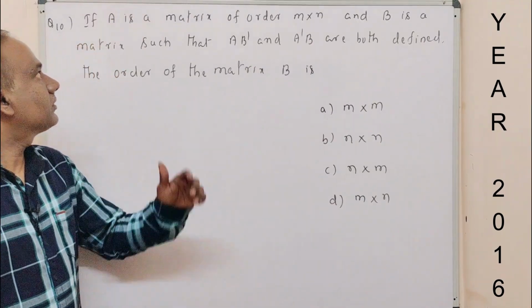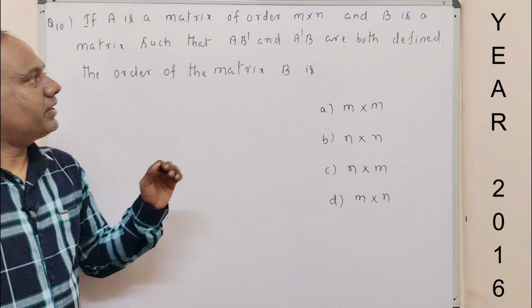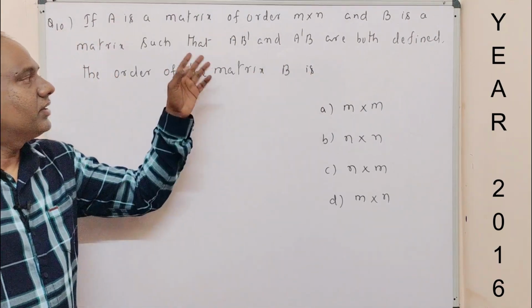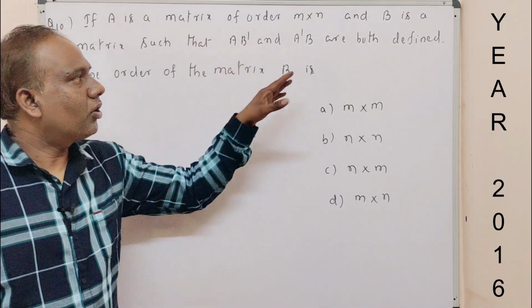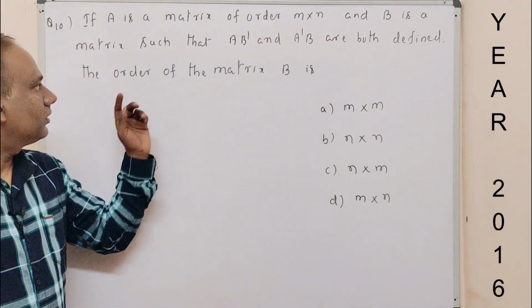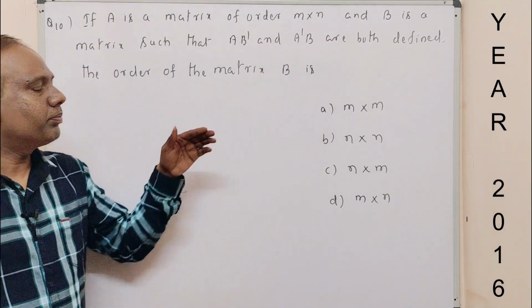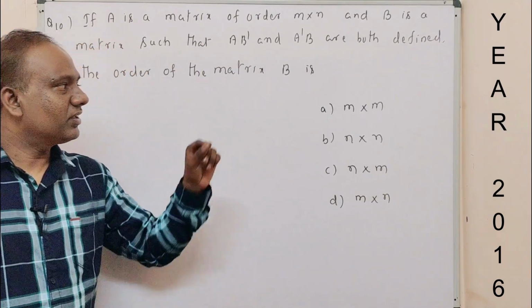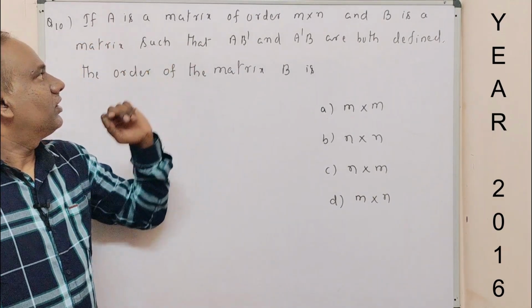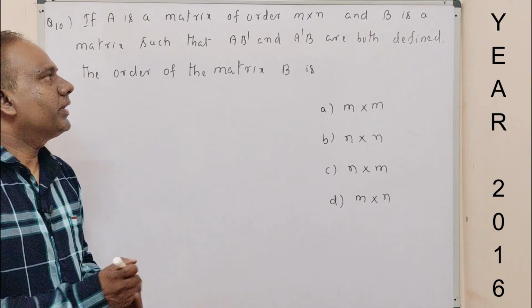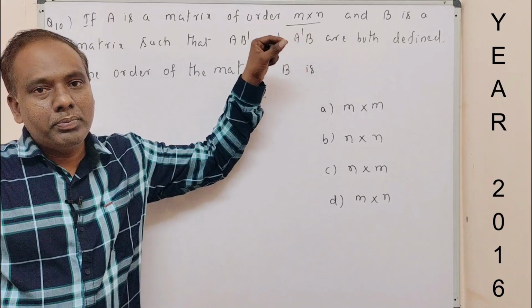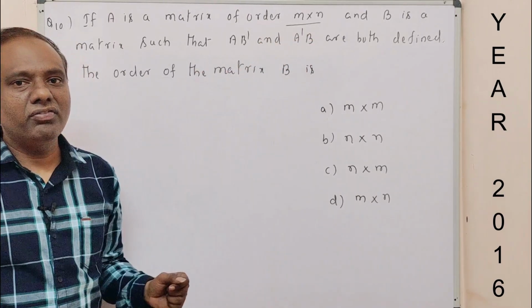Here the question is, if A is a matrix of order m by n and B is a matrix such that A B dash and A dash B are both defined, the order of the matrix B is what? So already I explained, actually it is general. Here A is a matrix of order m by n, so B matrix order is what we need.